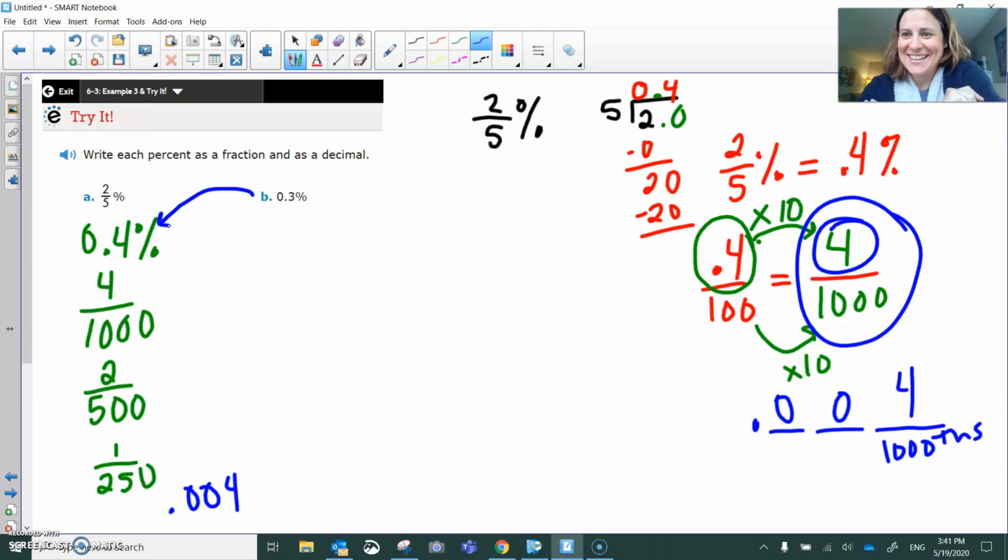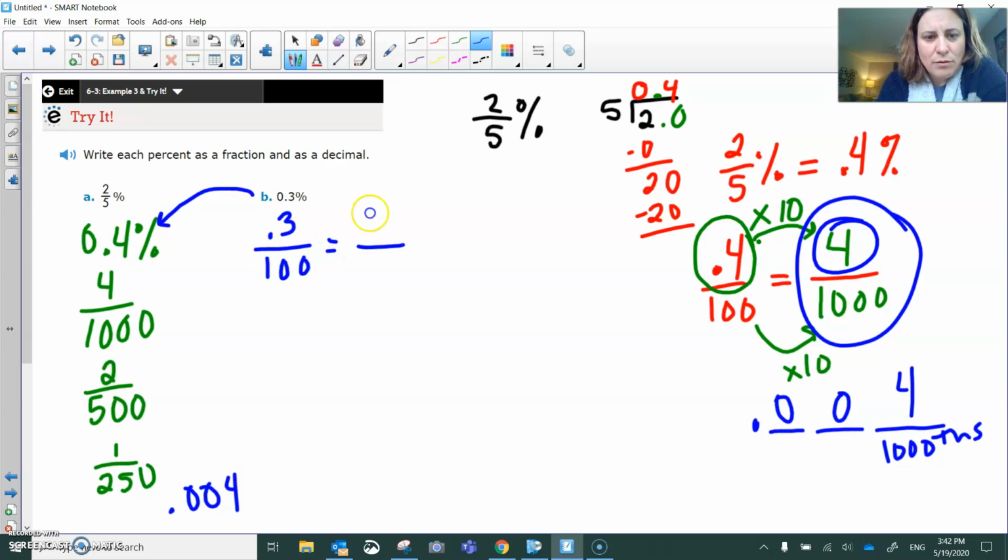Okay, on the next one, they went ahead and wrote it right away. It's 3/10 of a percent, which is a little less than 1/3 of a percent. So we want to write that as a fraction and as a decimal. As a fraction, this is 0.3 over 100.